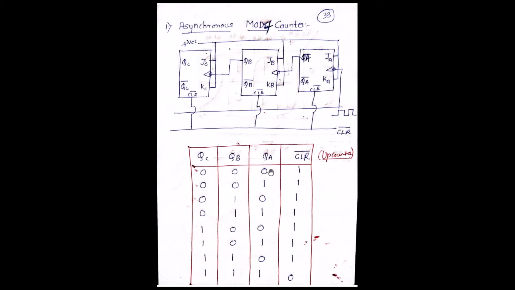So starting from 0, 0, 0 to 1, 1, 0, we will have 7 output states, that is 1, 2, 3, 4, 5, 6, 7, and the 8th output will be getting cleared off because we need to only have 7 outputs, that is mod 7.